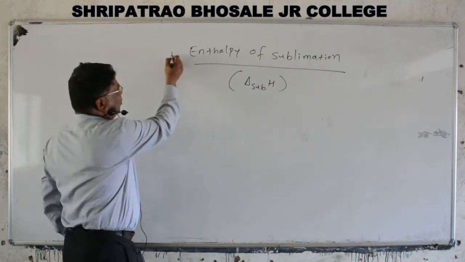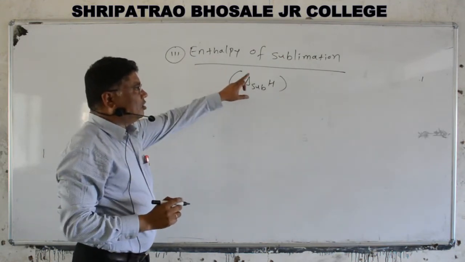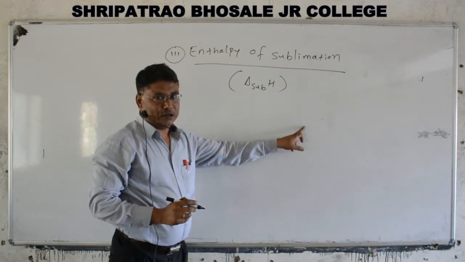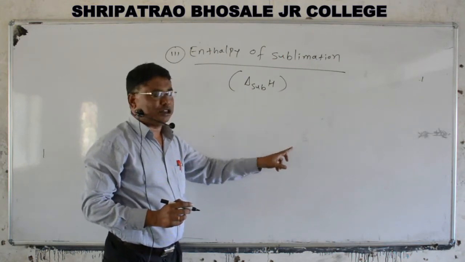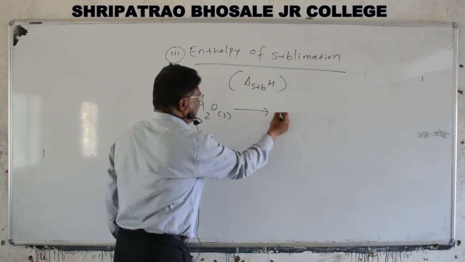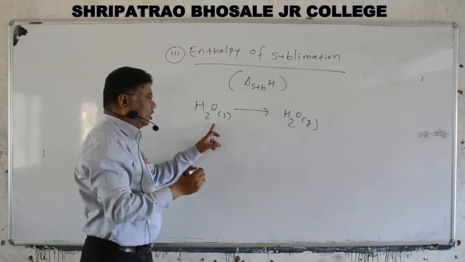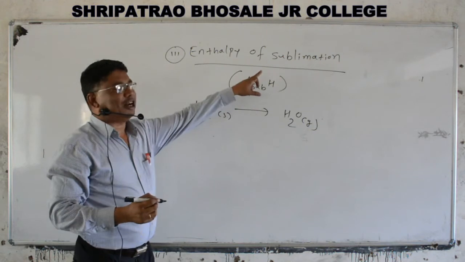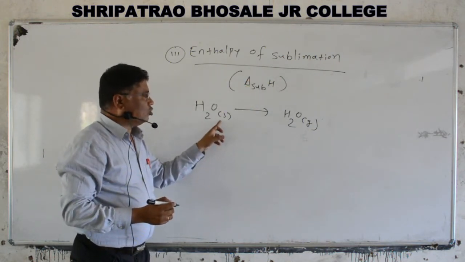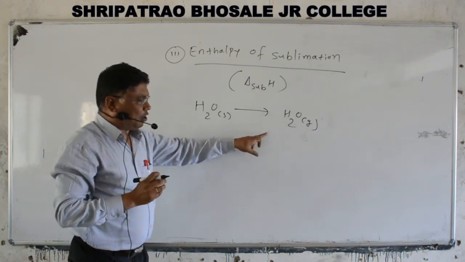Now the third definition, enthalpy of sublimation. What is called sublimation? Solid is directly converted into gas. So H2O solid is directly converted into H2O gas without converting into liquid.